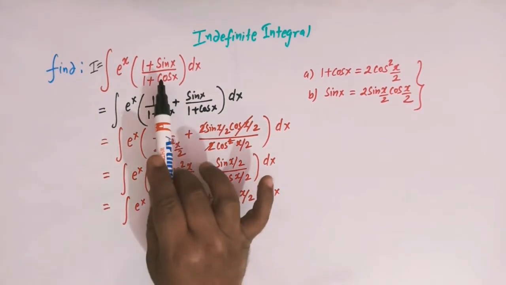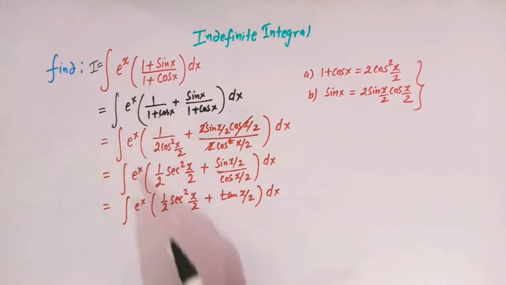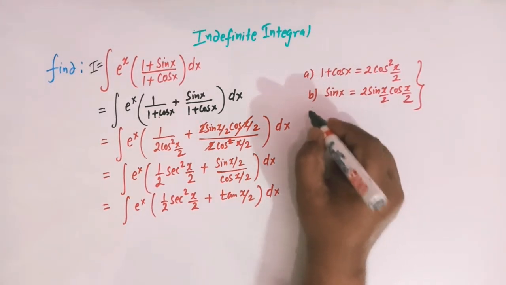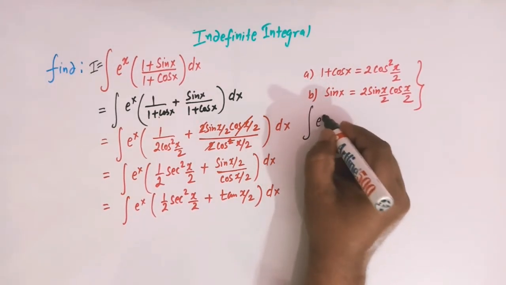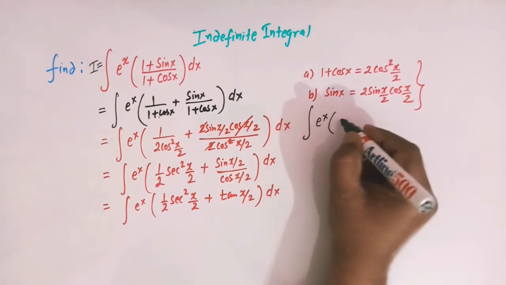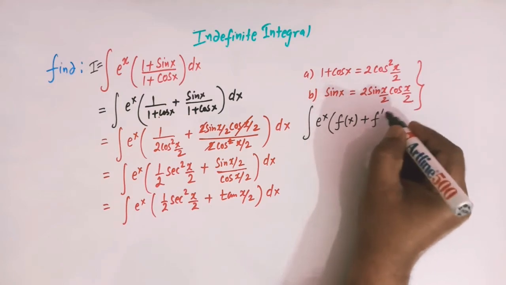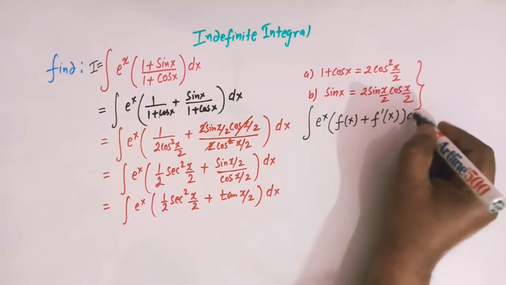Now that we have reduced this integral to this form, we can make use of an important form in indefinite integrals. It reads like this. Suppose we have the integral of e raised to x times f of x plus the derivative of f of x, dx.